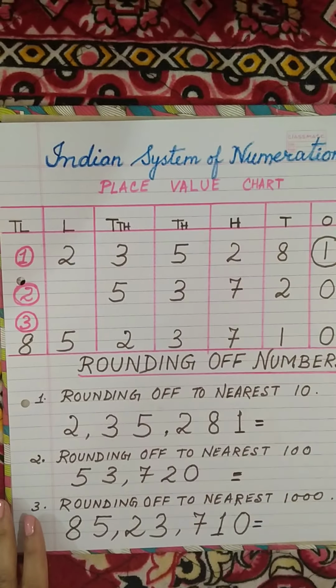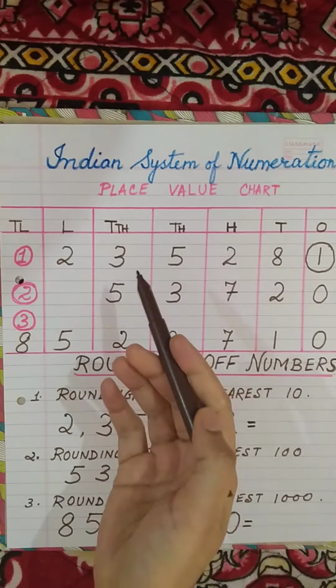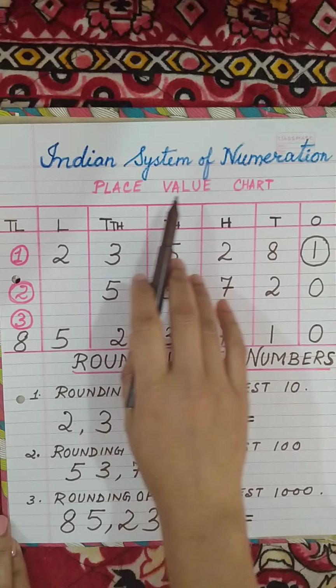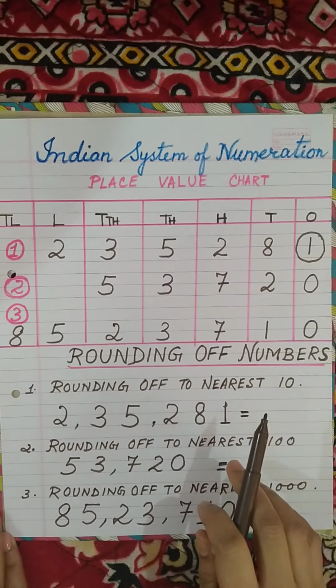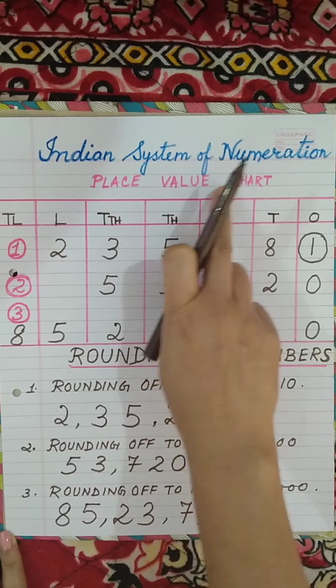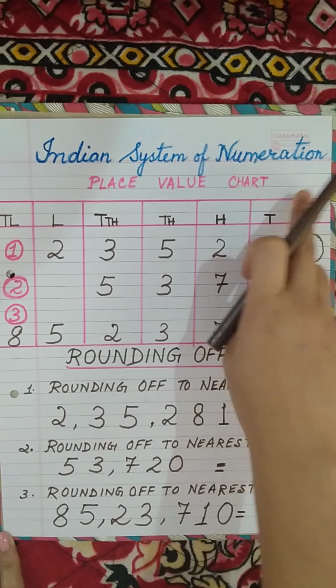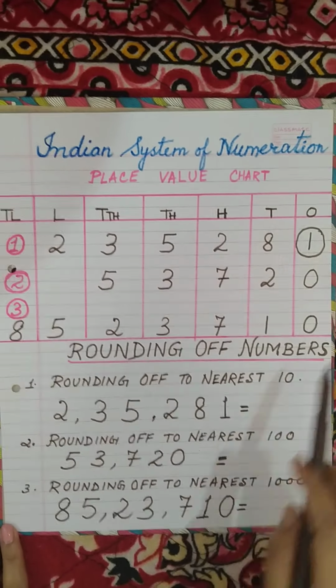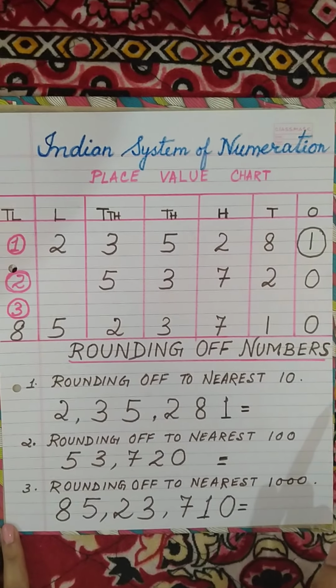Now, let us learn to round off numbers with the help of place value chart. Now, I have taken the place value chart of Indian system of numeration here. So, let us find out how do we round off numbers with the help of the place value chart.